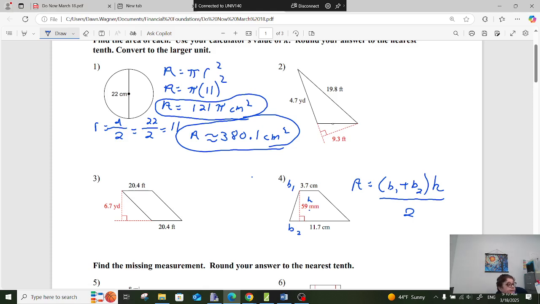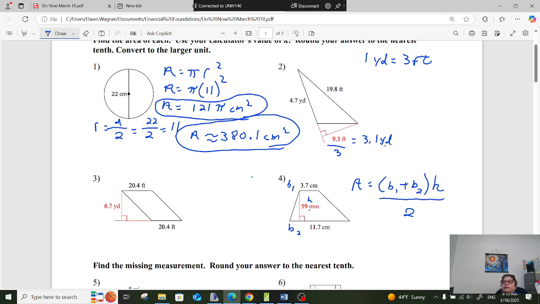And sometimes they do have conversions on there. So 1 yard is equal to 3 feet, right? And so if I need to convert this to the larger unit, I have to divide by 3. So this would be 3.1 yards.